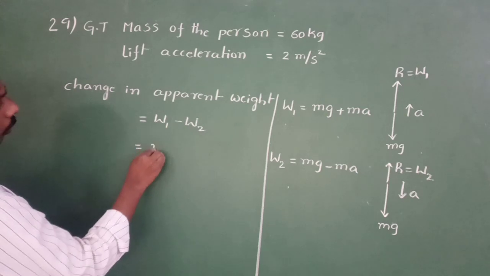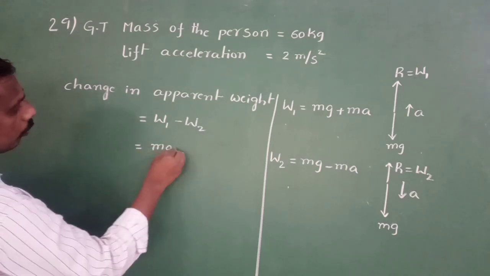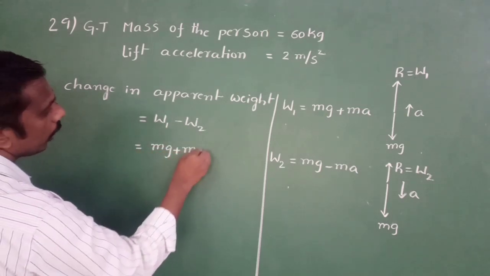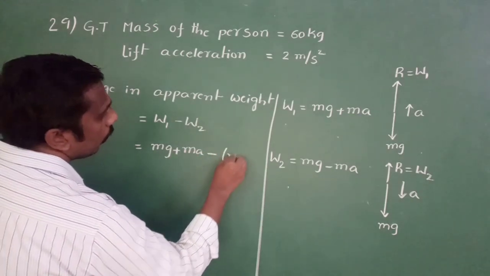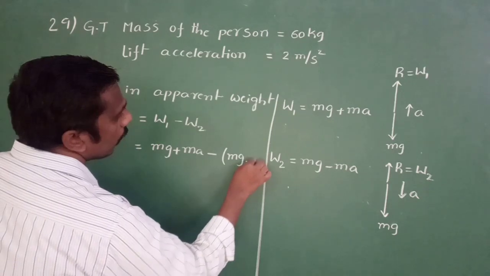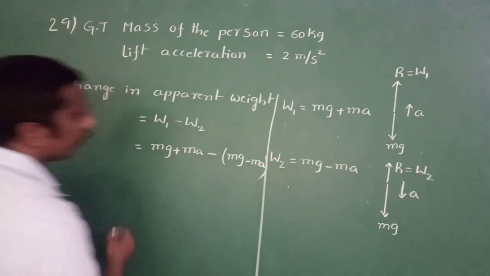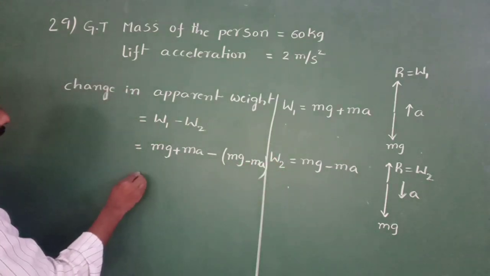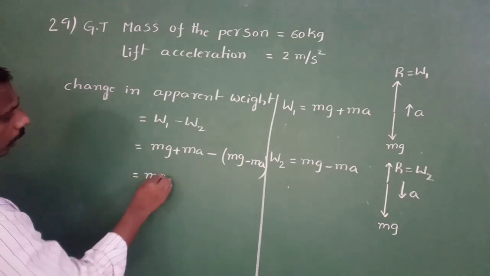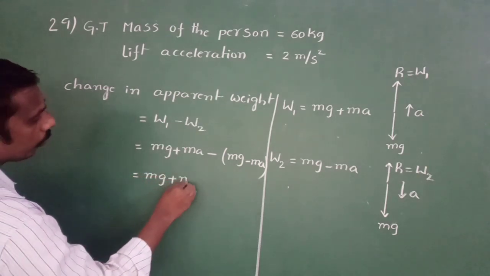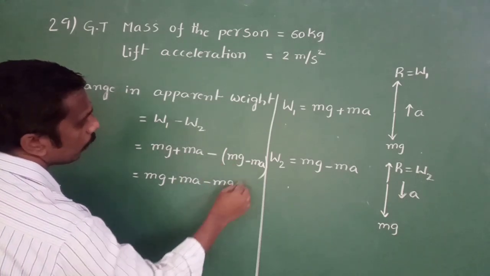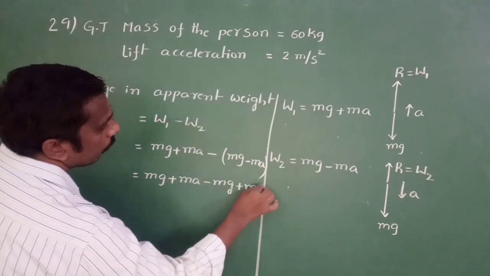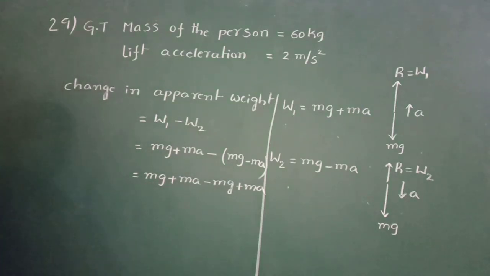W1 is equal to mg plus ma, minus W2, which is equal to mg minus ma. Multiply with the minus, then we get mg plus ma minus mg plus ma. The mg minus mg gets cancelled.